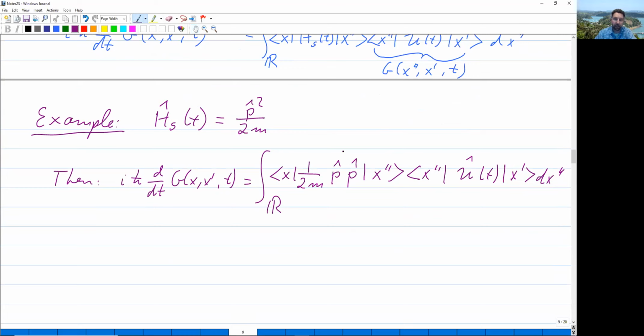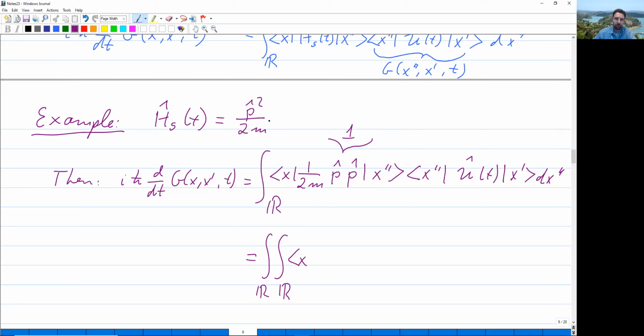And the usual trick is that we insert here a resolution of the identity in the position basis. So what is this? You can see how this is going to get a little bit messy now. Even though we are working with the simplest quantum mechanical system there is, just a free particle, p squared over 2m. Right, but we have to go through this at least once.